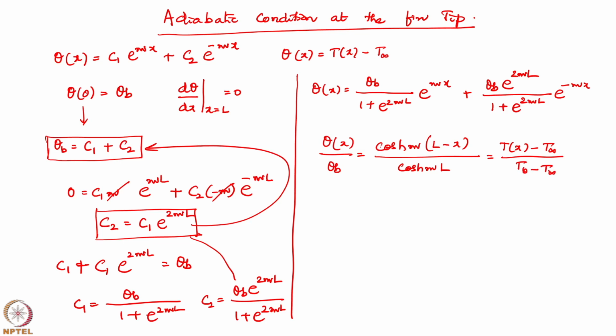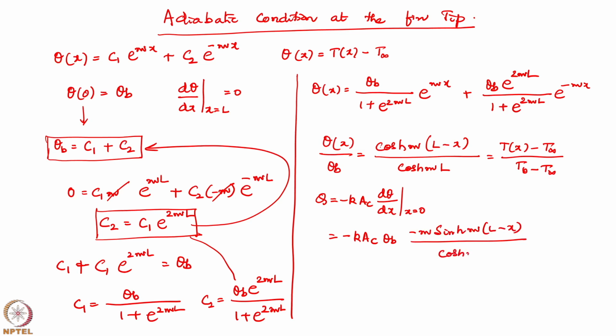Now, I need to get the heat transfer rate. So, Q equal to minus kAc d theta by dx at x equal to 0. I already have this, so if I differentiate, minus kAc into theta b into, differentiating cosh, I get minus m sinh m(L minus x) upon cosh mL.